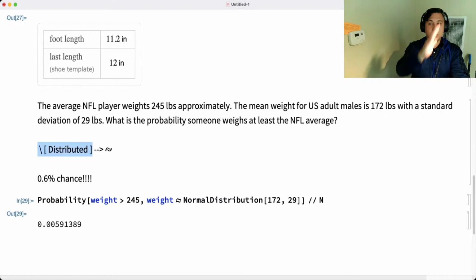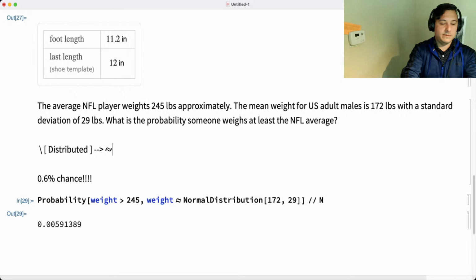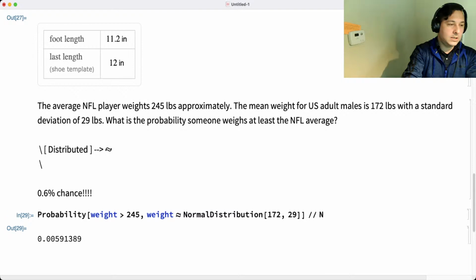So you do backslash, open bracket, distributed, close bracket, and then if you press a spacebar afterwards, it should magically change. Let me show you. If you look at me, backslash, bracket, distributed, and then when you do the closing bracket, it should turn.